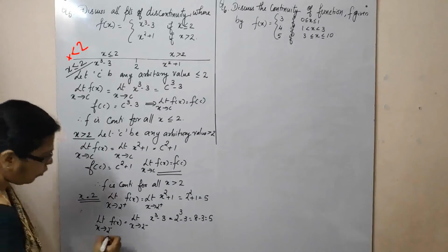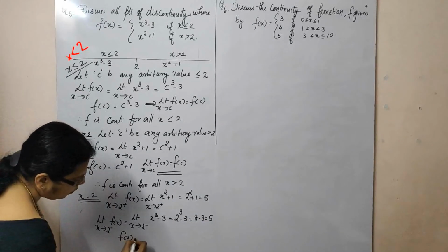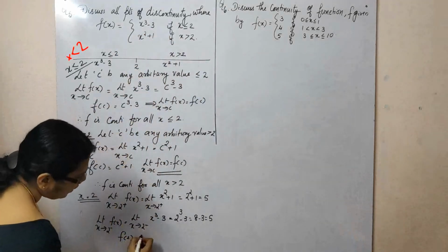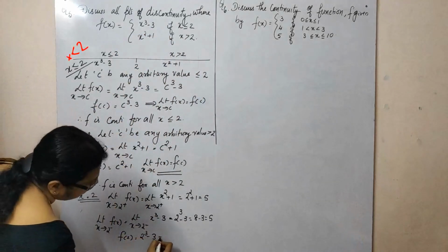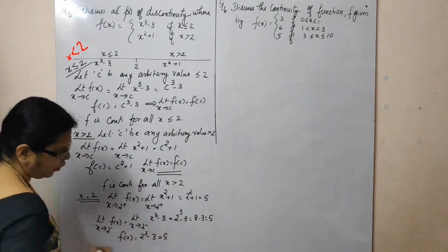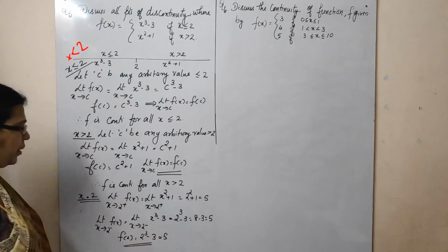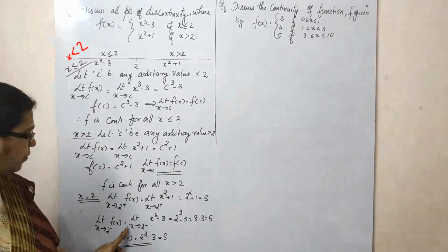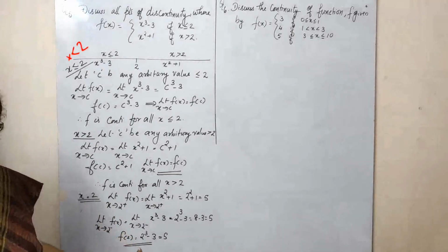Here, what is f of 2? For x is equal to 2, this is the function: 2 cube minus 3, which is again 5. So, what can I conclude from here? Limit x tends to 2 plus of f of x is equal to limit x tends to 2 minus of f of x is equal to f of 2.